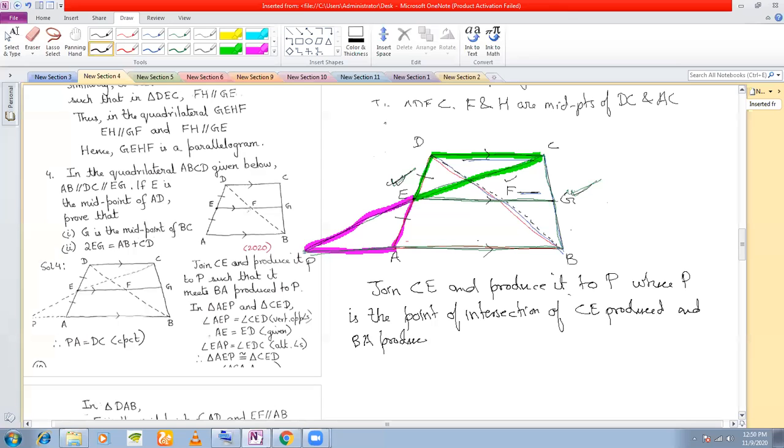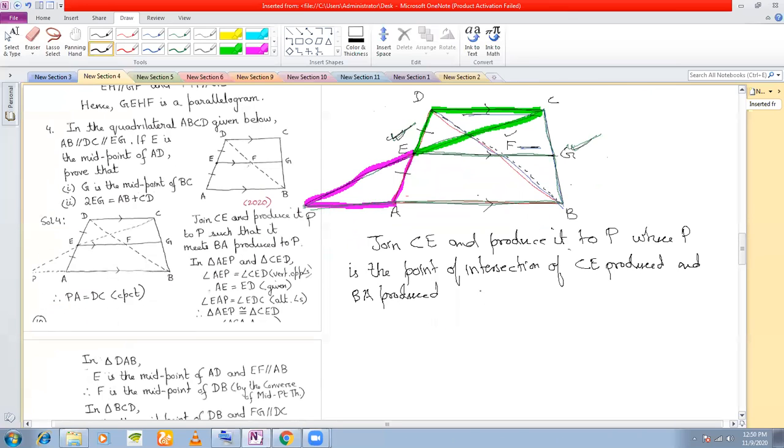Okay. So now we are going to prove that these two triangles are congruent. In triangle AEP and triangle DEC, how can we prove that these two triangles are congruent?